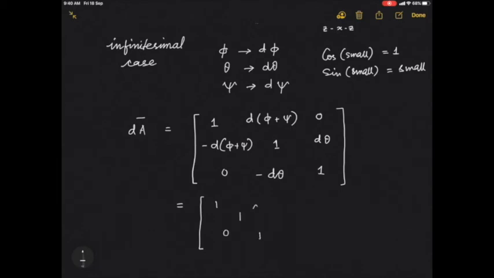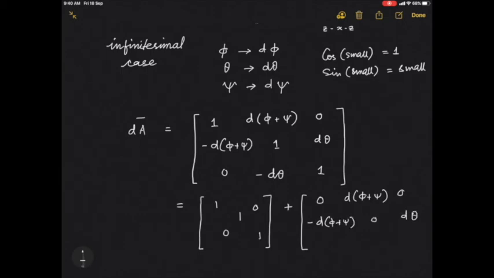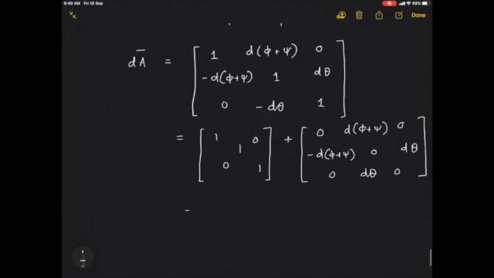If you use this, you will get it this way, which is clearly an identity matrix, the 1 1 1, everything else 0, plus a matrix which is 0, d phi plus d psi, 0, minus d phi plus d psi, 0, d theta, 0, minus d theta, 0.